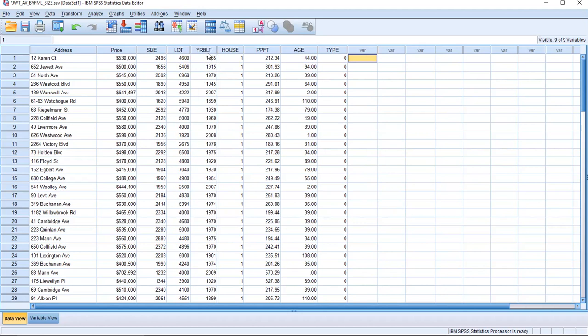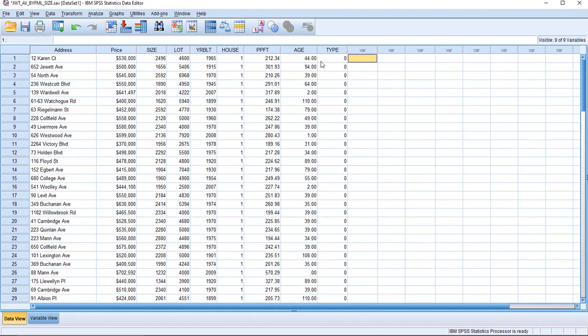Then here you have the year the house was built. All these houses were sold in 2009. Now this is the price per square foot, which is easy to calculate. If you divide price by size, you will get price per square foot.